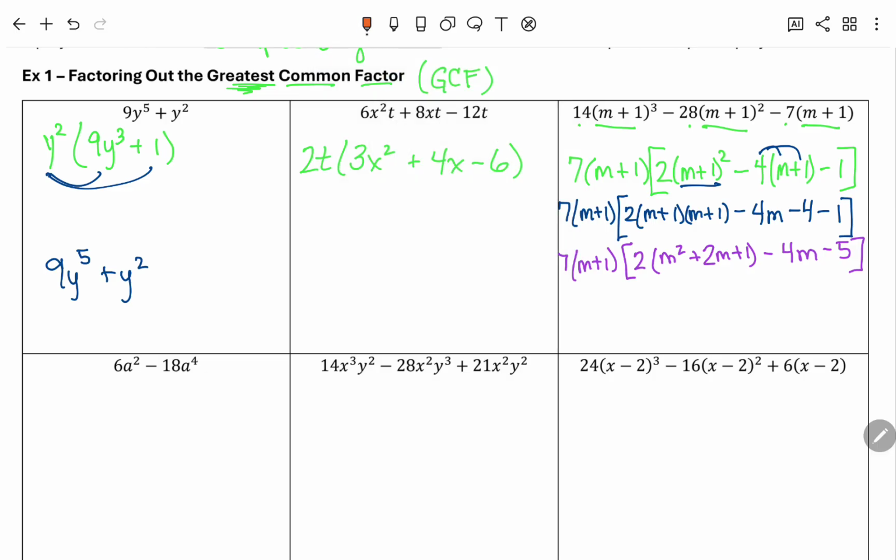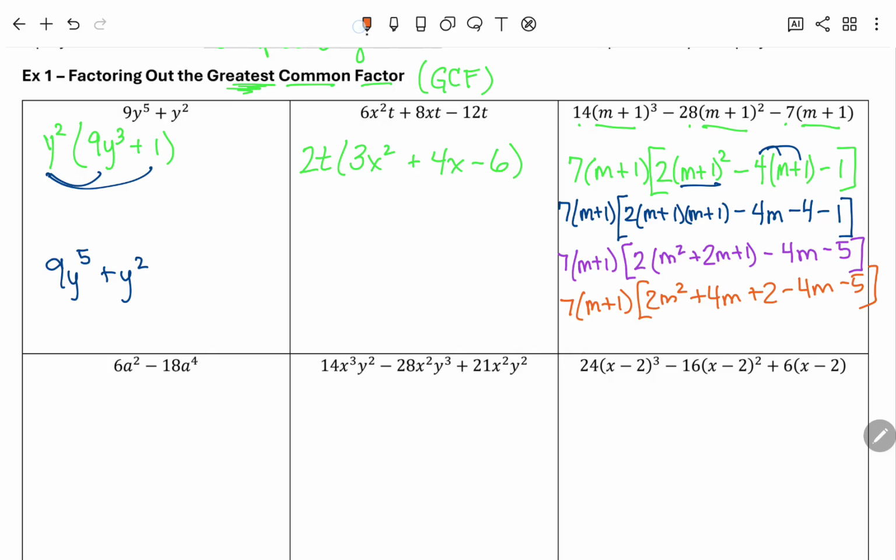And next we can have 7 times m plus 1. Let's see, I'll leave it for now: 2m squared plus 4m plus 2 minus 4m minus 5.